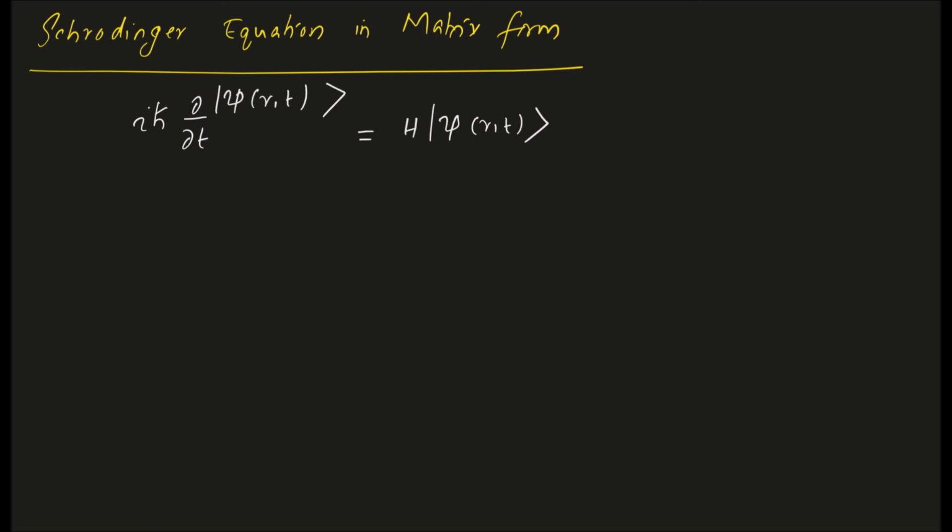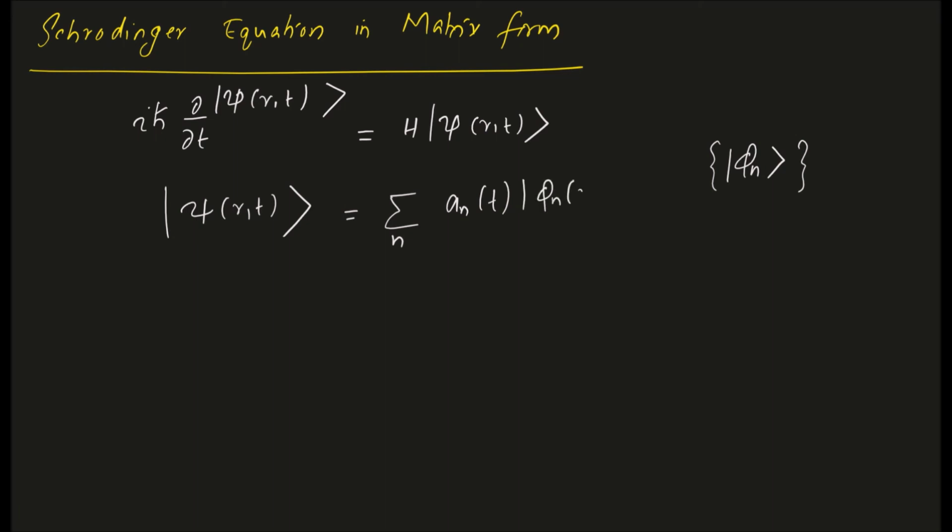Now let's consider a set of basis phi n. Then in this basis, psi(r,t) can be written as the summation over n of a_n(t) phi_n(r), where a_n(t) is the expansion coefficient.